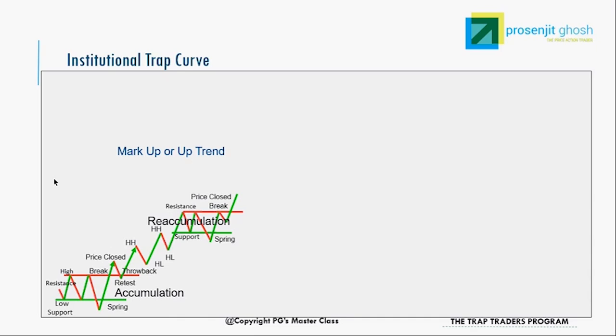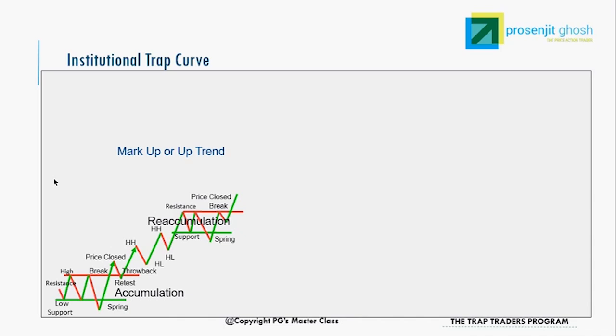At this reaccumulation stage, price moves sideways because at this stage many institutions book some profit and they again go long. I mean fresh longs are taken at this stage.